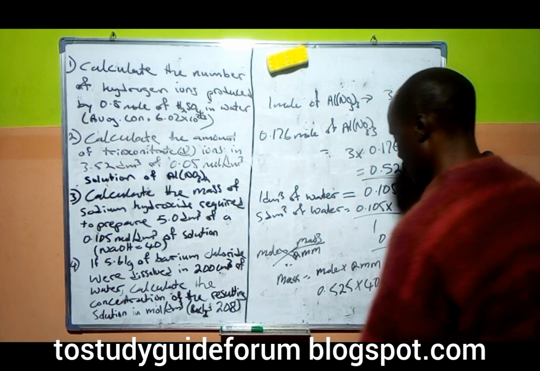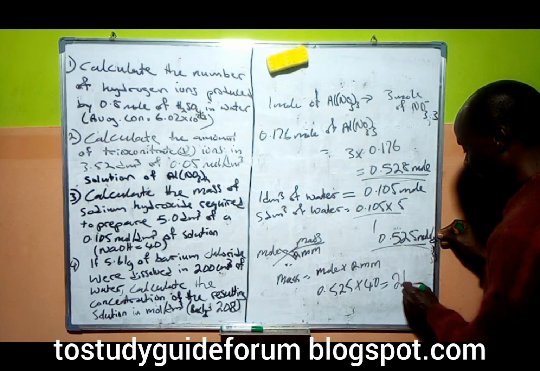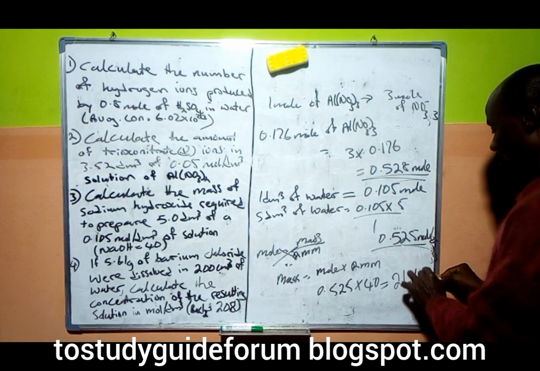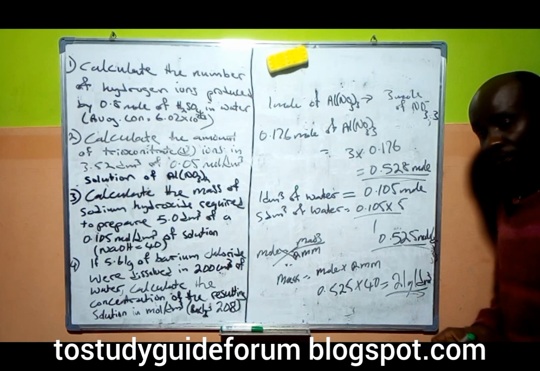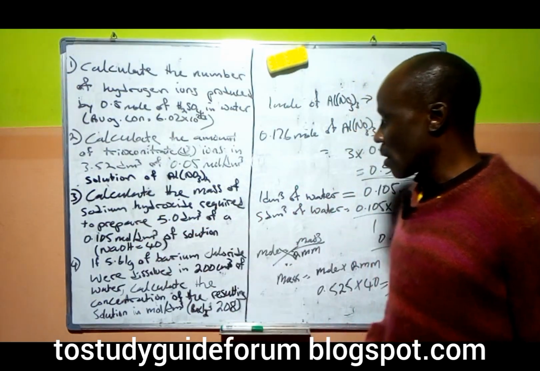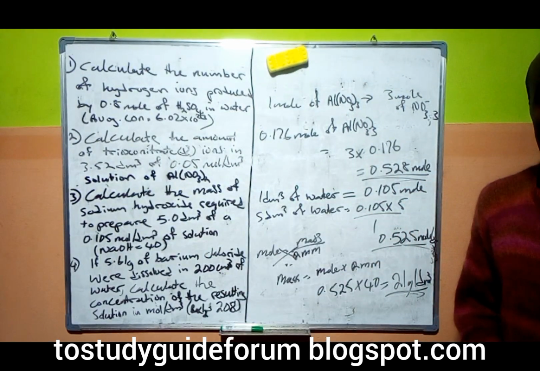The mass that we require will be 21 grams. That is what we need, that will give us the required concentration that we are looking for in 5 dm cube.